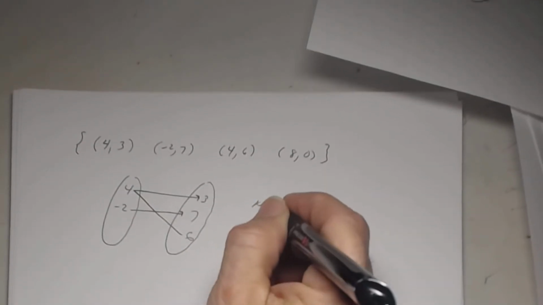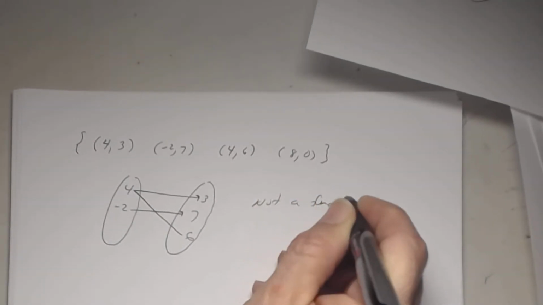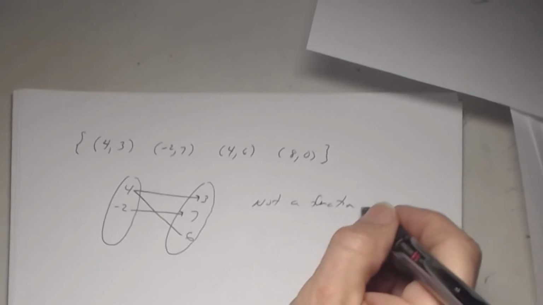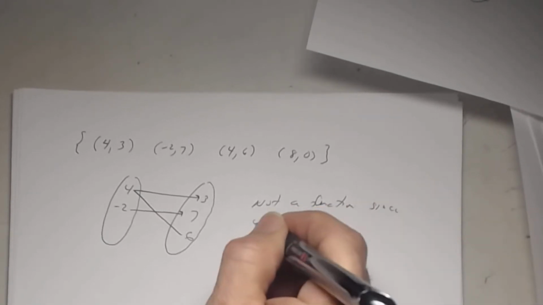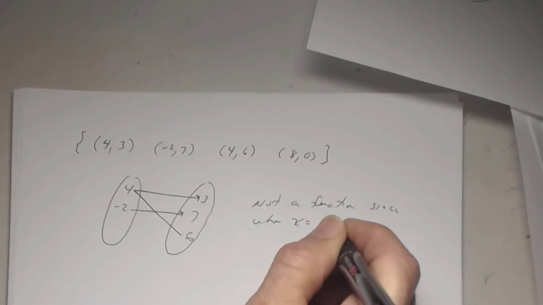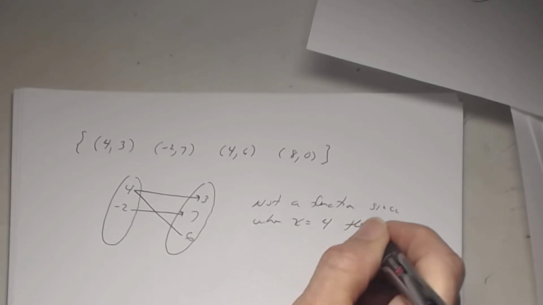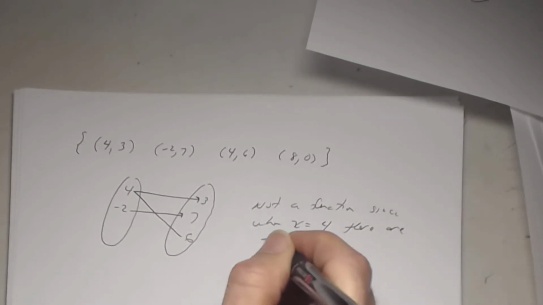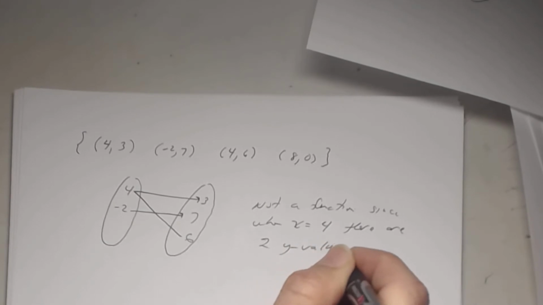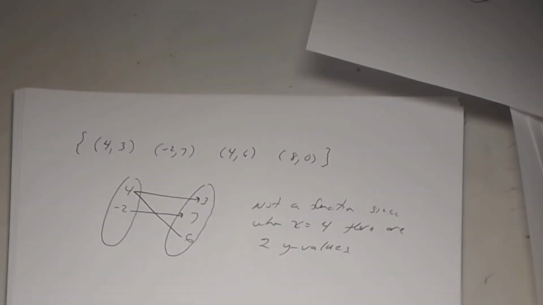So you would say not a function, but if it's not a function, you've got to tell me why. Not a function since when x is 4, there are 2 y values. All right, so there's got to be how many y values? 1.